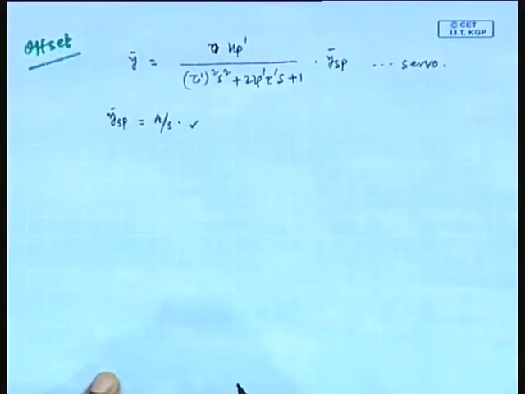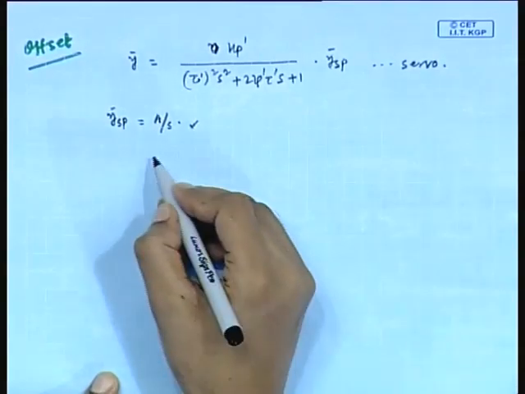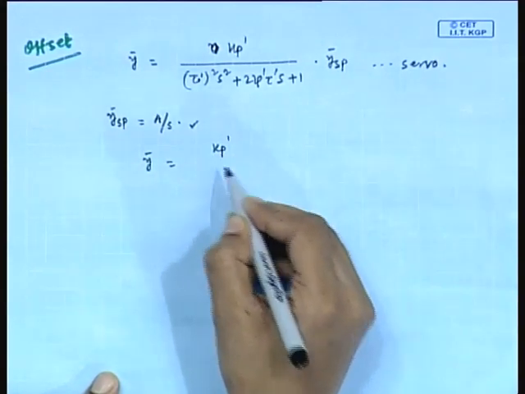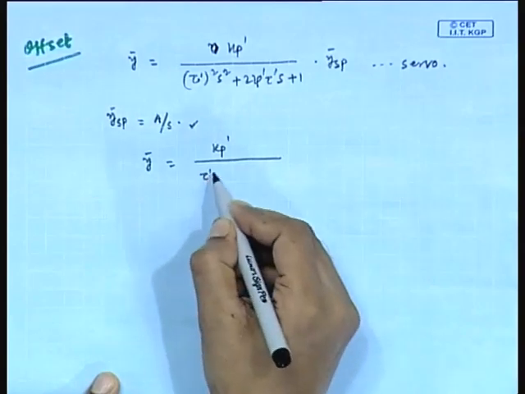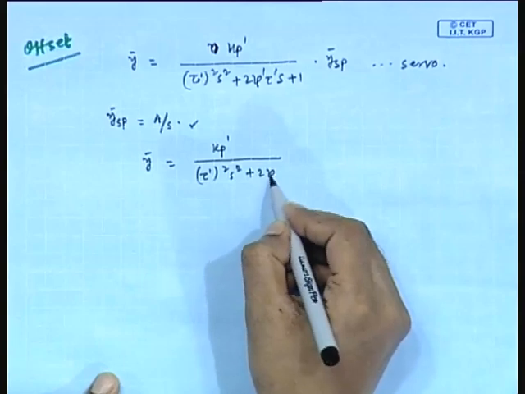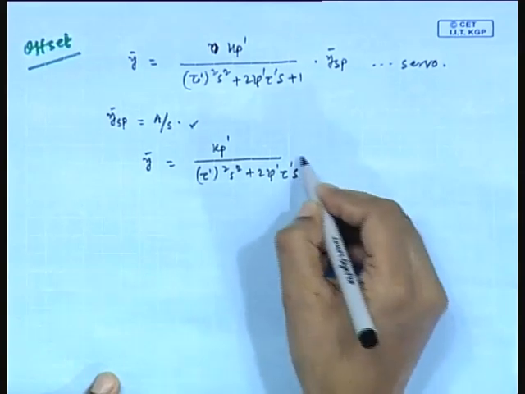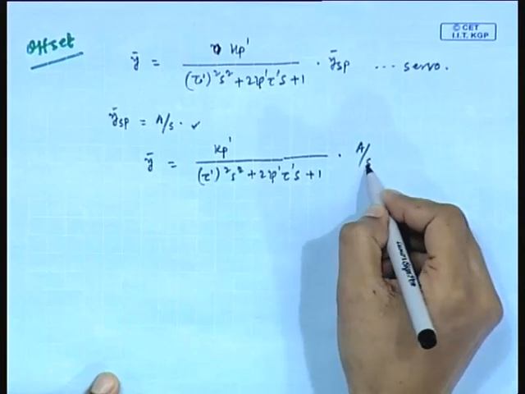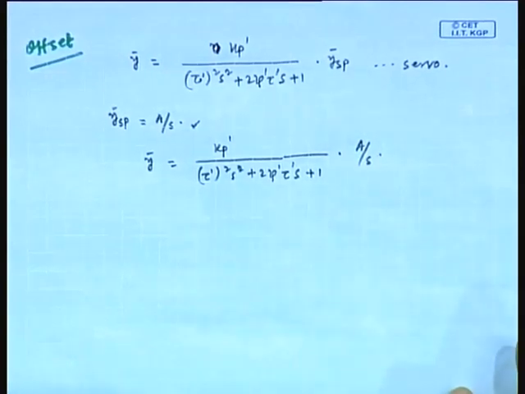So, considering y set point equals A by s, the closed loop response becomes Kp prime divided by tau prime square s square plus 2 zeta prime tau prime s plus 1, multiplied by A by s.